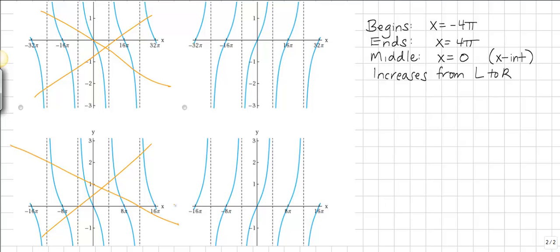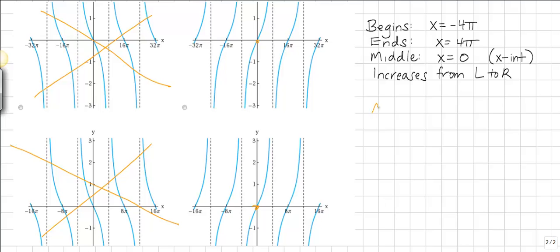Okay, now what about the other two? They do seem to go through 0, 0, and they do seem to increase from left to right. Okay, but if the asymptotes are at negative 4 pi and 4 pi, then where are your intercepts?